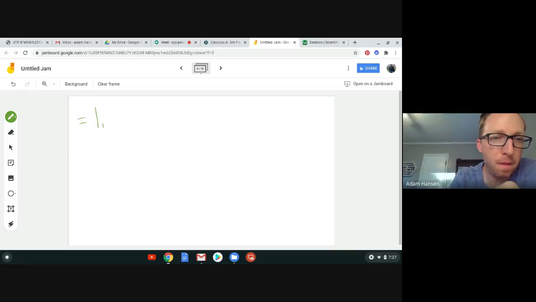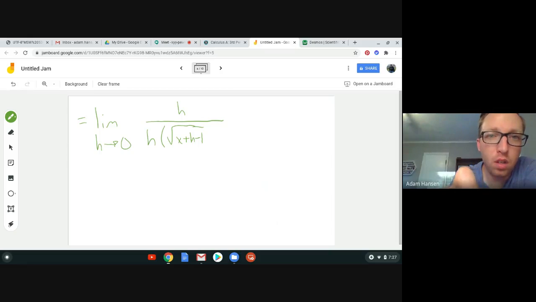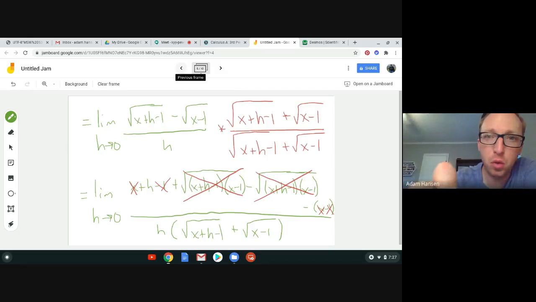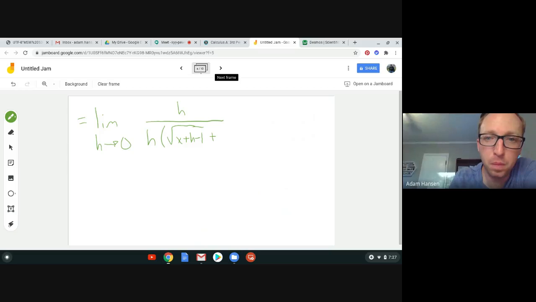Equals the limit as h goes to 0 of h divided by h times the square root of x plus h minus 1 plus the square root of x minus 1. How can I keep simplifying any further?